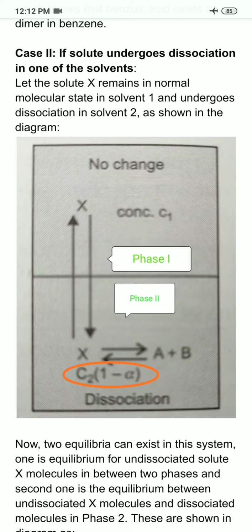But see here, in phase 2, solute X is dissociating into molecules A and B. So if alpha is the degree of dissociation of solute in phase 2, then the concentration of dissociated molecules can be represented by C2 into 1 minus alpha. This I have shown in the orange circle.